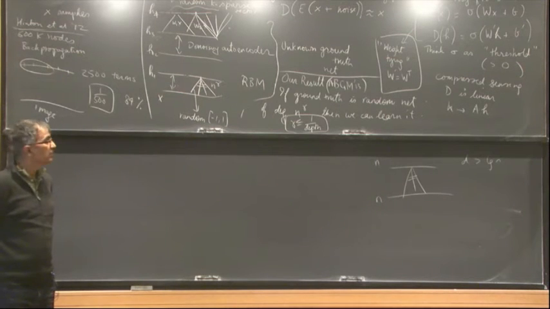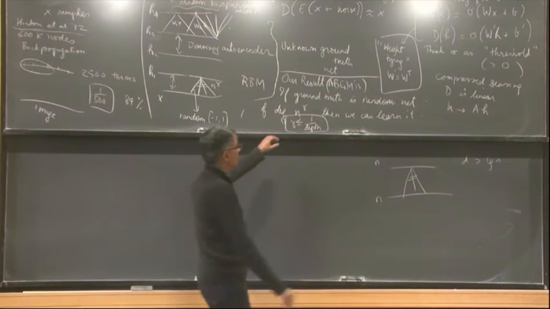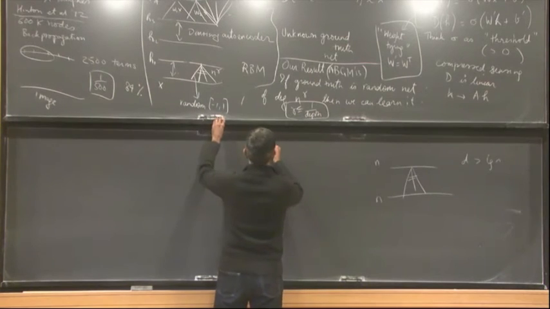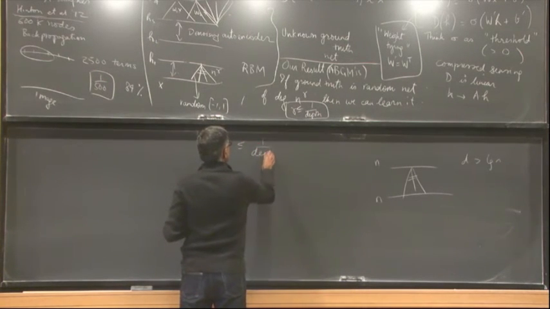And k is the sparsity at the input. So let me write this: gamma is less than or equal to 1 over depth.